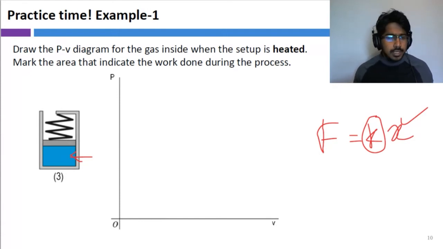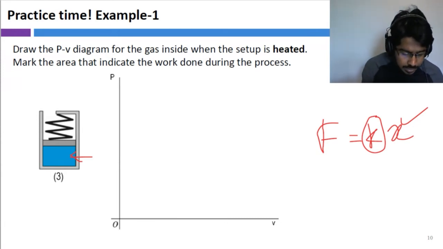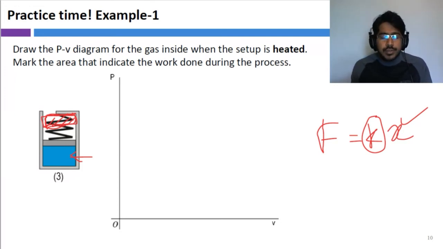So as Kylie mentioned, when the system expands to its full potential until it hits the stops, or until the spring cannot be compressed further, let's say the piston reaches this point. Now the volume stops changing because the piston cannot go any further.